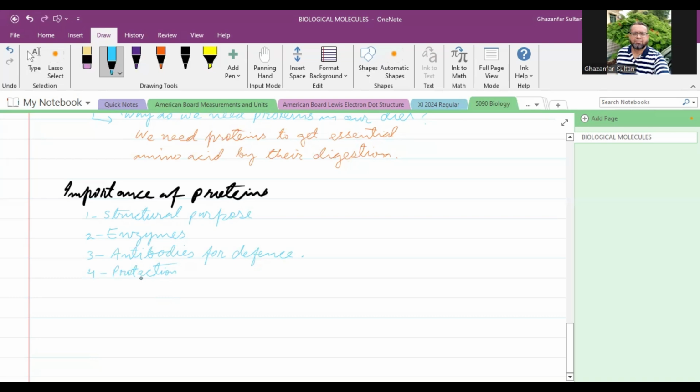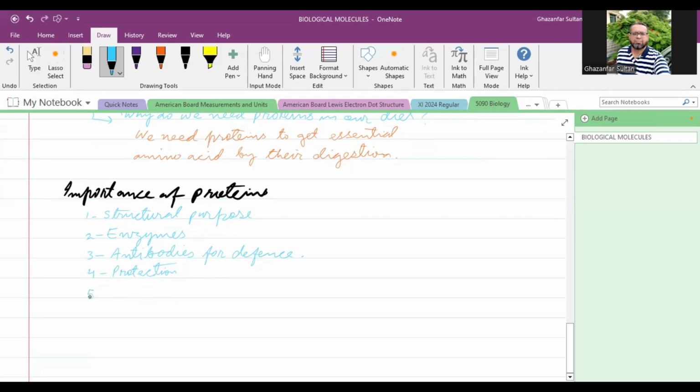And a protein on the skin protects us from different types of bacteria entering. Okay. So structural purpose, enzymes are also protein. Enzymatic proteins are there. Antibodies as defense proteins are there, and protection is also its function.